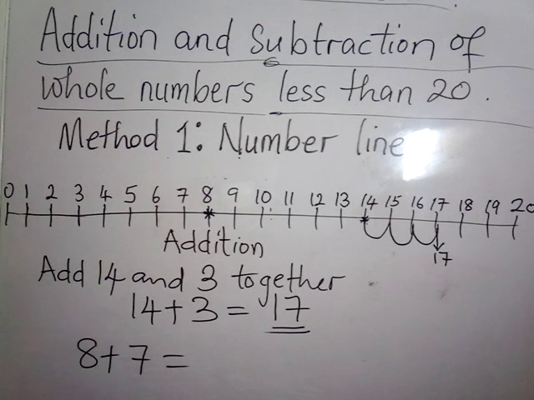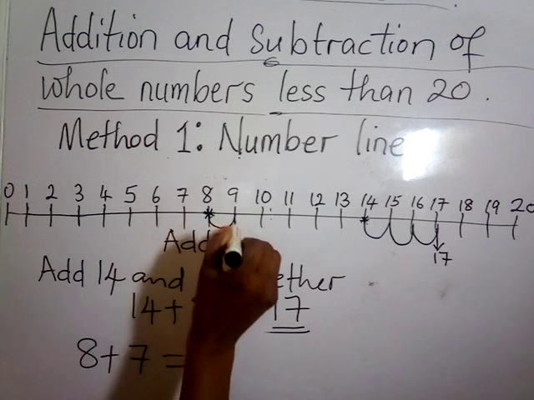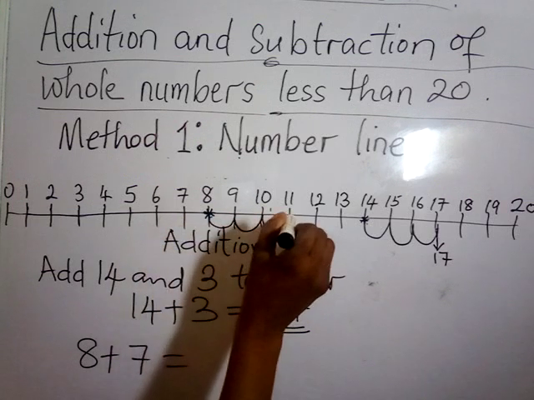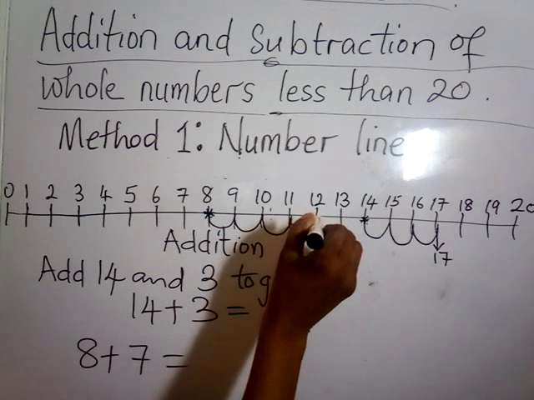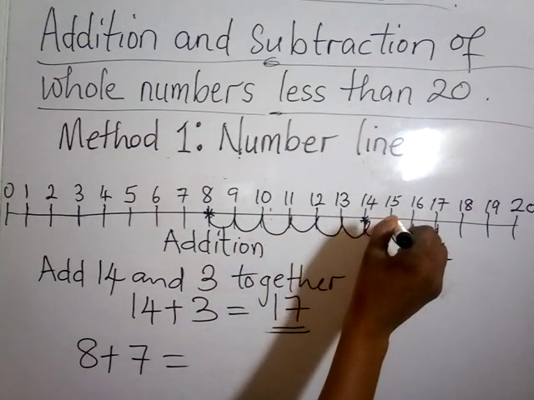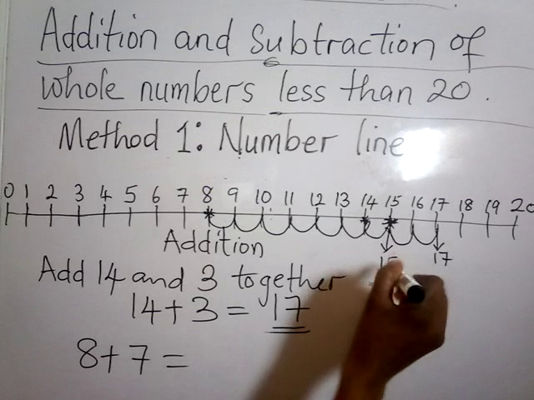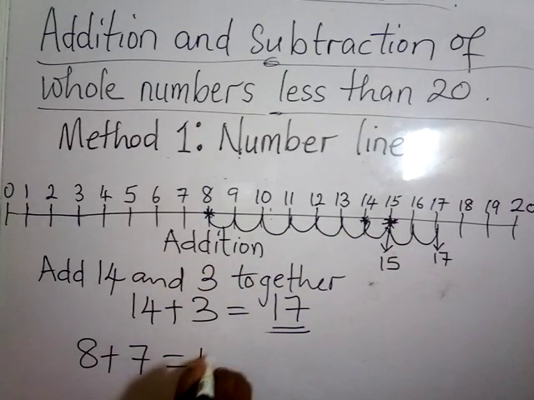So here is 1 step, 2 steps, 3 steps, 4 steps, 5 steps, 6 steps, and 7 steps. Now the 7th step ends at 15. So that means 8 plus 7 gives us 15.